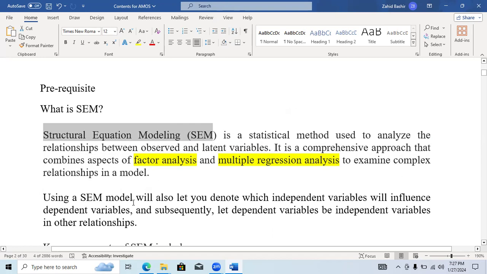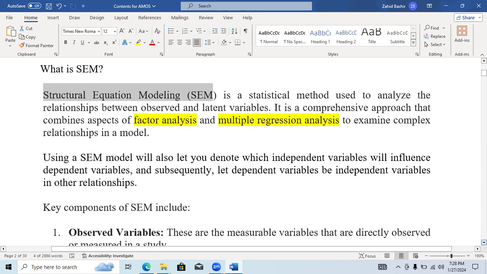Using an SEM model, you can denote which independent variable will influence the dependent variable, and subsequently let the dependent variable be an independent variable in another relationship. So SEM is basically simultaneously analyzing the relationship between a number of independent variables and a number of dependent variables. This is how SEM basically works.